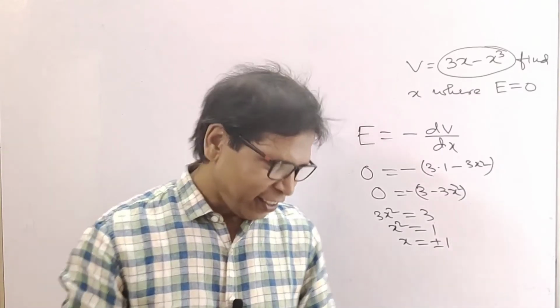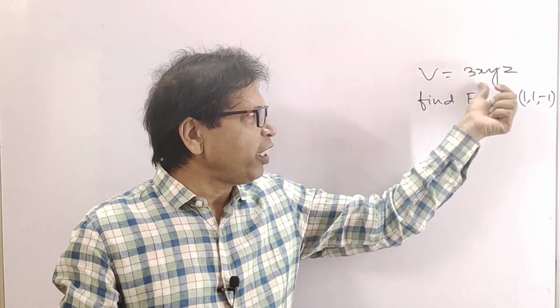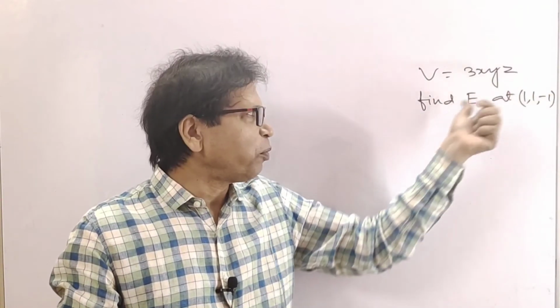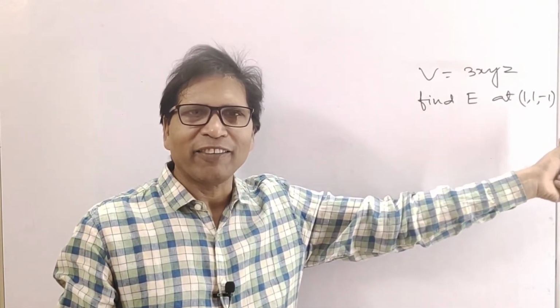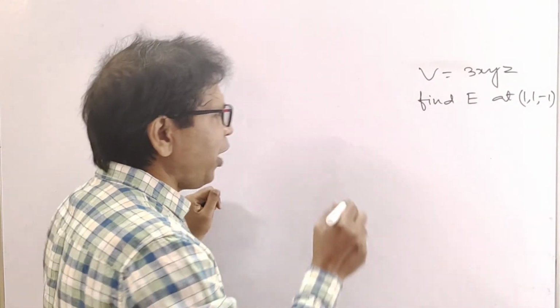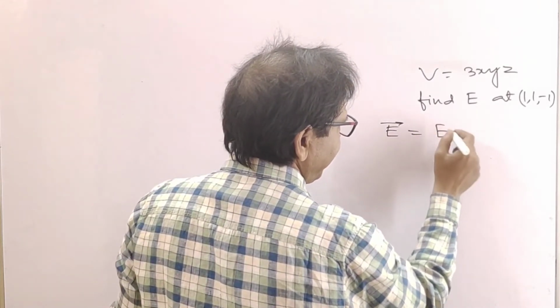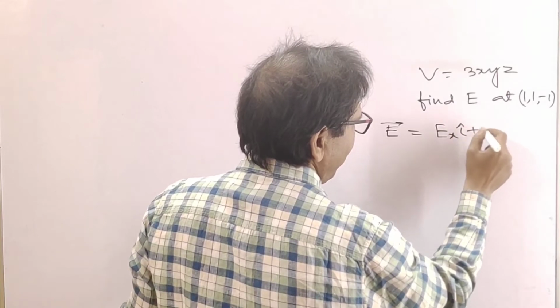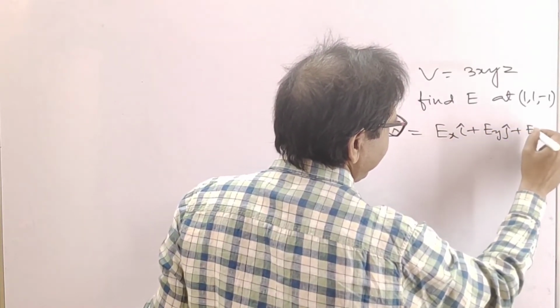Okay. Next, now an important numerical. V equals 3xyz. We have to calculate E at 1, 1, minus 1. Now the formula is E vector equals Ex i cap plus Ey j cap plus Ez k cap.